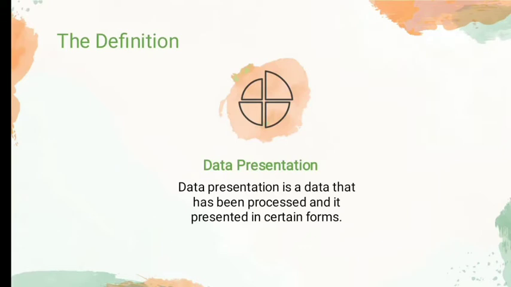The data presented must be simple and clear so that it's easy to read. Data presentation can also be done so that observers can easily understand what we are presenting, to support results of comparison and others.